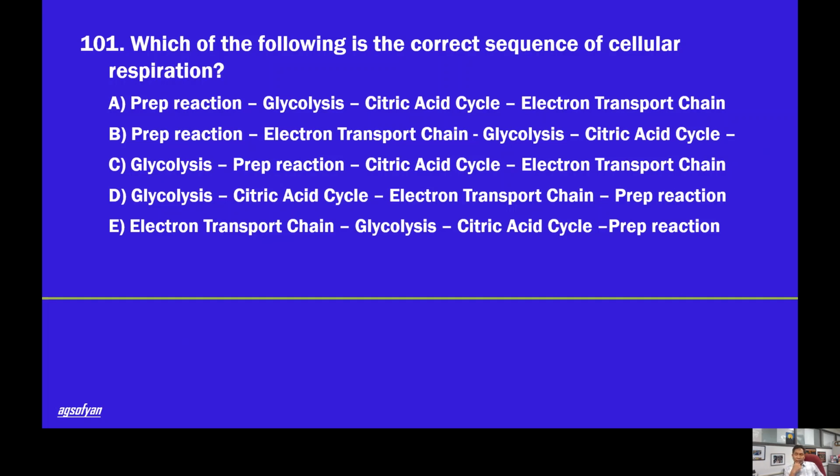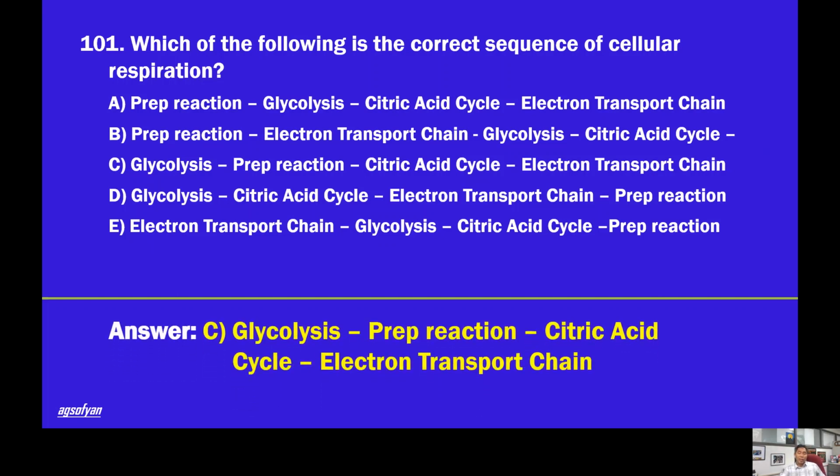D. Glycolysis, citric acid cycle, electron transport chain, prep reaction. E. Electron transport chain, glycolysis, citric acid cycle, prep reaction. Choose your answer. Yes, it starts with glycolysis and then prep reaction. And then after prep reaction, there will be citric acid cycle. And the last process is called the electron transport chain.